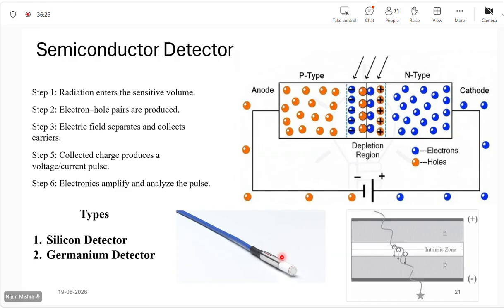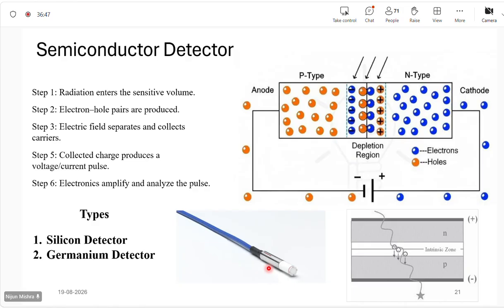Unlike an ionization chamber, where we provide 300 volts to obtain charge. Similarly, for a PP chamber, we provide 300 or 400 volts to obtain charge. But in a semiconductor diode detector, silicon type, we don't provide any kind of bias voltage.